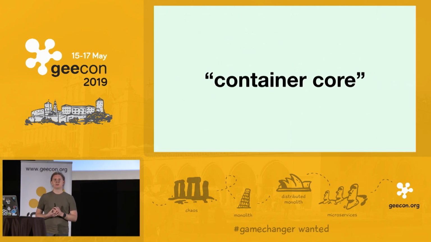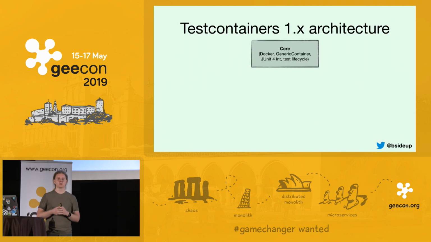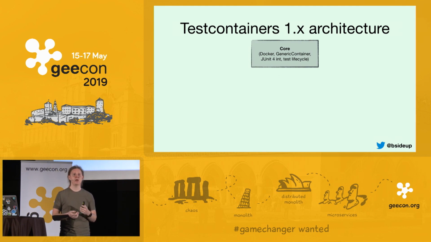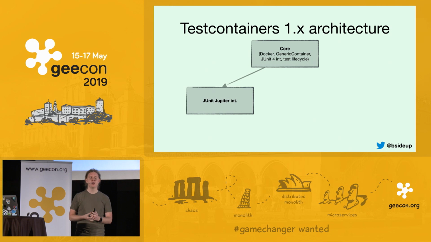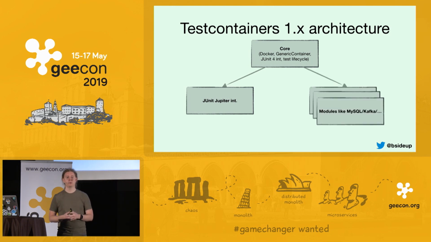Another thing, with high demand, was extracting container core, because the current architecture looks like this. We have core where we have Docker, we have generic container, JUnit 5 integration, test lifecycle, and many more things. Then we have JUnit Jupiter, also known as JUnit 5, as a separate module, and we have many modules for technologies.